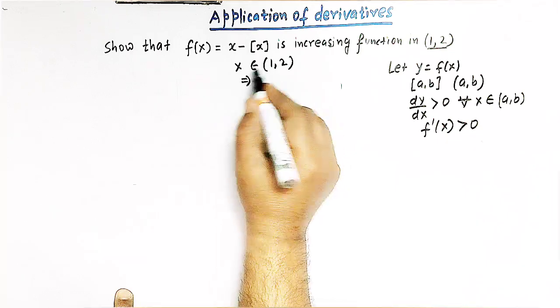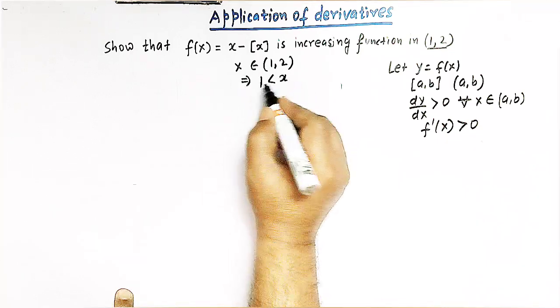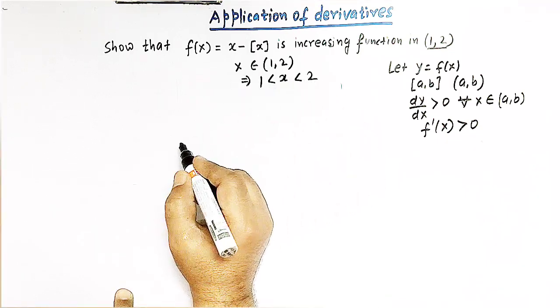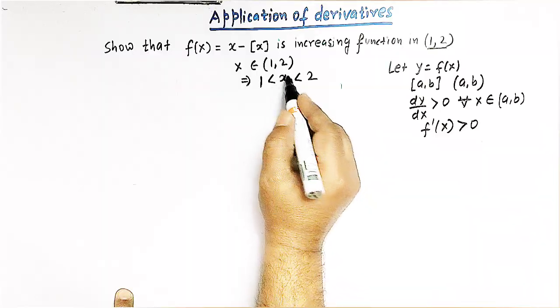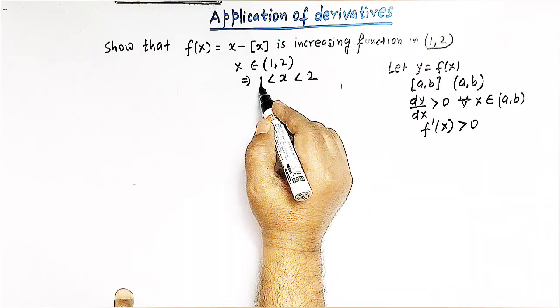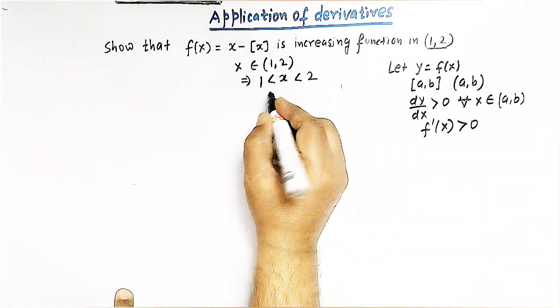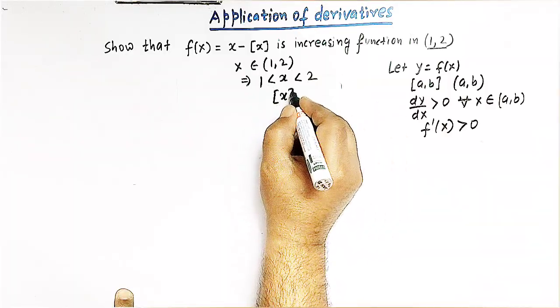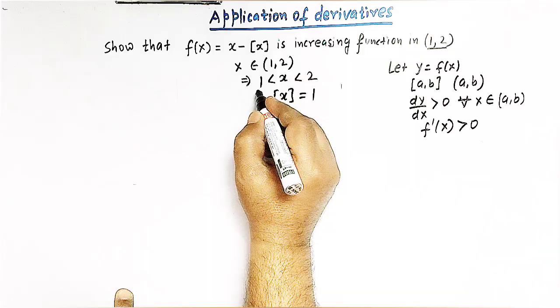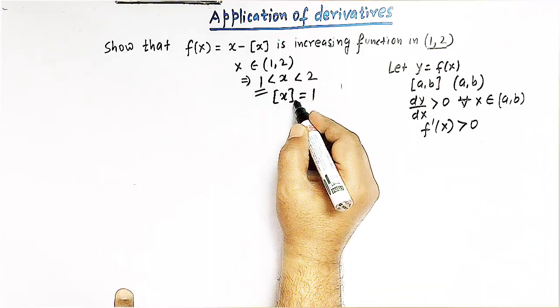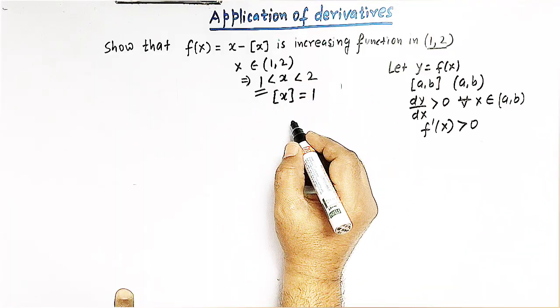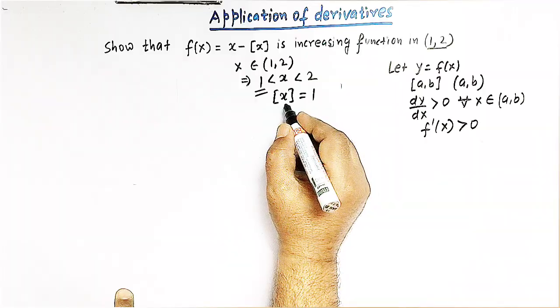So we can now write x greater than 1 but less than 2. So when the values of x lie between 1 and 2, then the greatest integer of x should be equal to 1, right? And this is due to the definition of greatest integer function.